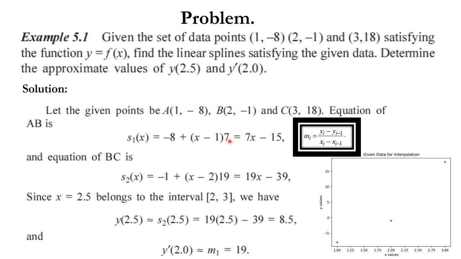So the m1 is obtained as 7. So this is the equation for the first spline function. This is the second spline function.